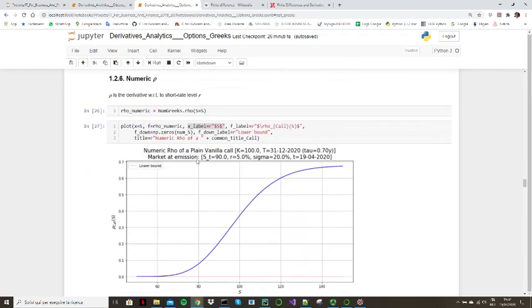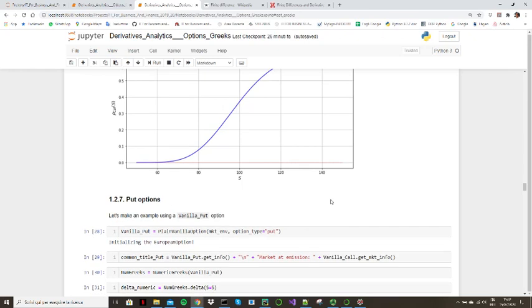And finally there is the rho, so the effect of the short rate. The effect of the short rate is a bit less common, or at least less known, but it's the effect of the discounting of future payments. So this is the effect of the short rate.